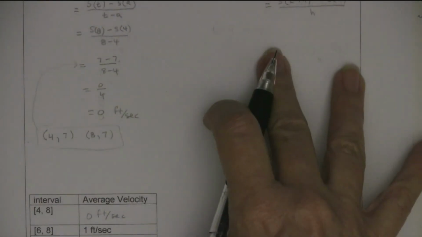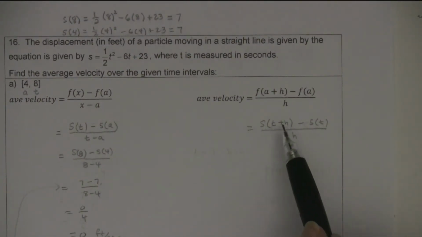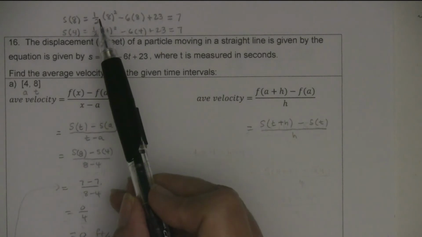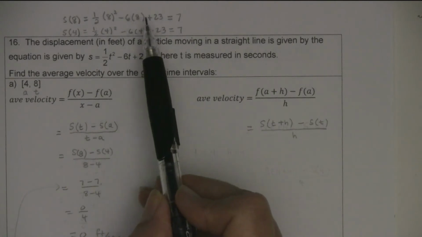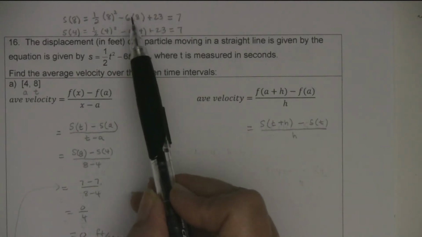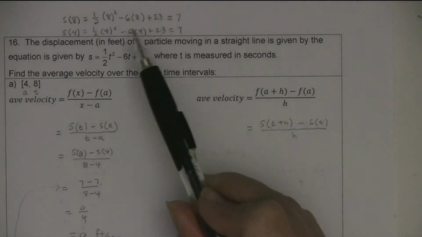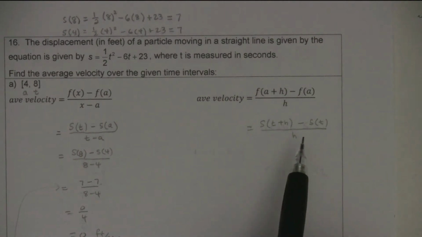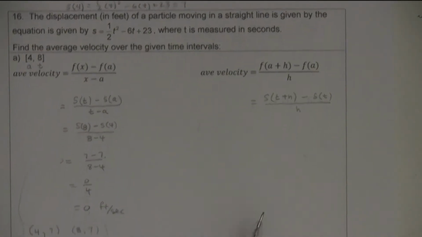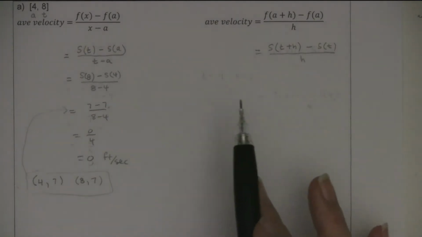Because we're going to do this multiple times, they put in here for S, instead of putting in 8, T plus H, and then did all that arithmetic, and then they subtracted S at T from that, and then over H, and they got this expression for the average velocity.